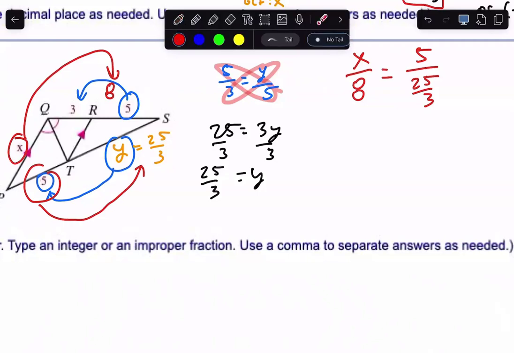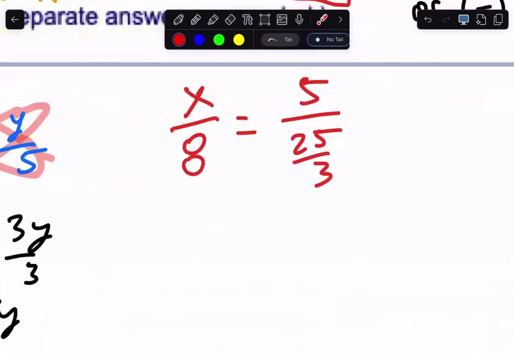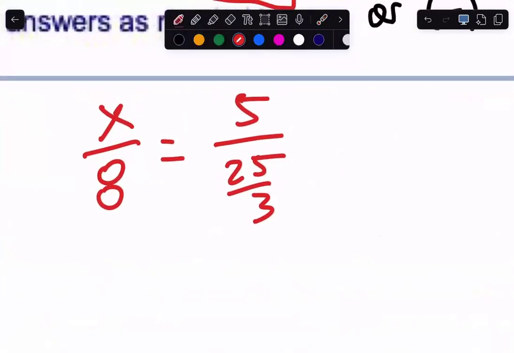Before we do cross multiplication, you kind of have to simplify this fraction here. Does anyone remember what happens? What do you do when you divide by a fraction? We learned it in 8th grade. How do you simplify division with fractions? Anyone remember? You do KFC, keep, flip, change. You keep the 5.